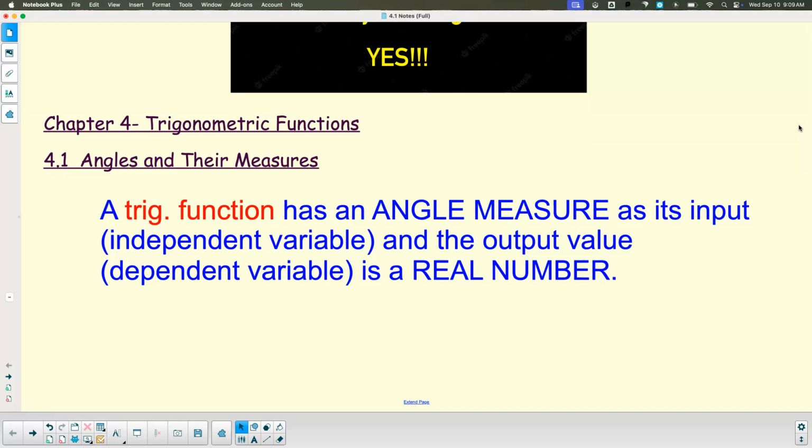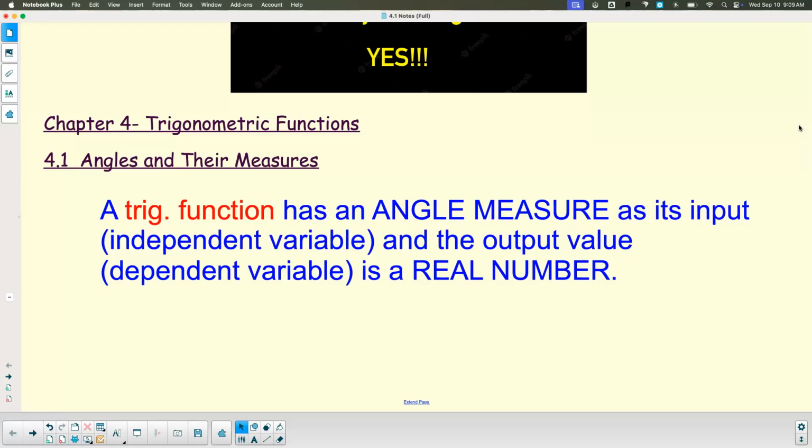A trig function is different. A rectangular function takes a number, you put it in the function, and you get out a number. A trig function takes an angle measure, and that is your input, meaning it's your independent variable. The angle measure is.